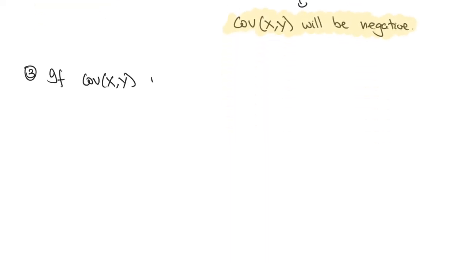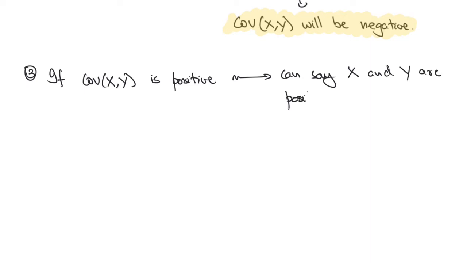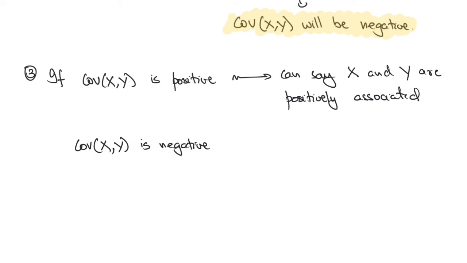This is to say that if covariance is positive, we can say that x and y are positively associated, and if the covariance between x and y is negative, we can say that the random variables x and y are negatively associated.